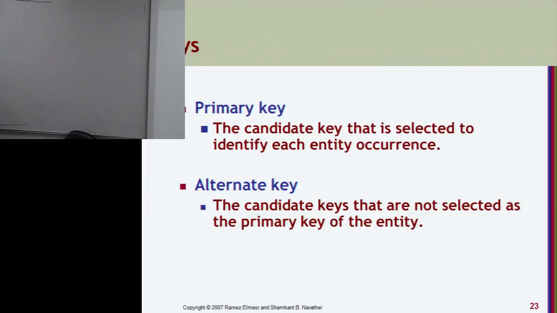So everywhere you go, they will ask about this unique identifier, this primary key, the student ID. All the others are also possible unique identifiers, so we can use them when the primary key is missing. When we don't know the primary key, we can use these other keys. So we call them alternate keys, or sometimes they are called secondary keys.